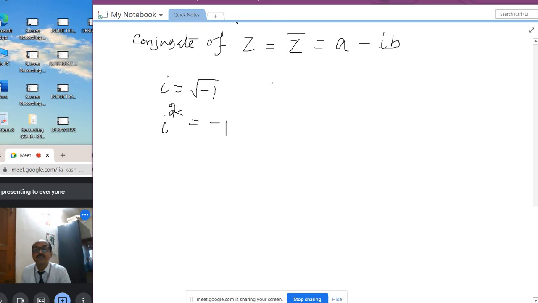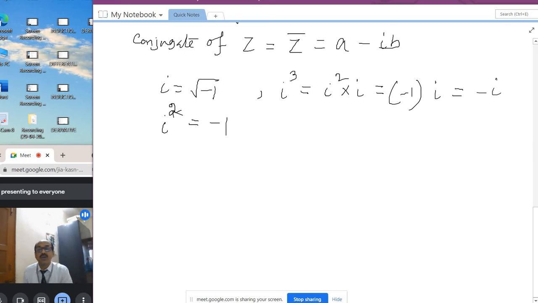Then i cube equals i square into i, that is i cube. So i square is minus 1, so minus 1 into i, so this is equal to minus i.